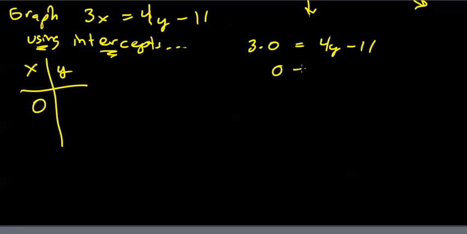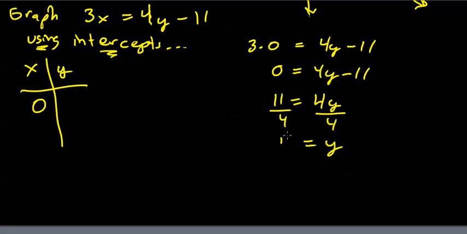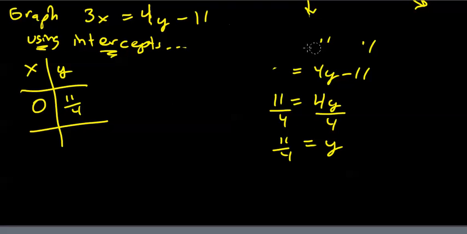Well, 3 times 0, of course, equals 0. If I add 11 to both sides, I get 4y equals 11. And dividing both sides by 4, I get y equals 11 fourths. Don't panic. We've got a fractional value to graph here. We'll do our best. 11 fourths. We'll put it down in the list, and we'll deal with that in a minute. That's the y-intercept. Let's look at the x-intercept now.